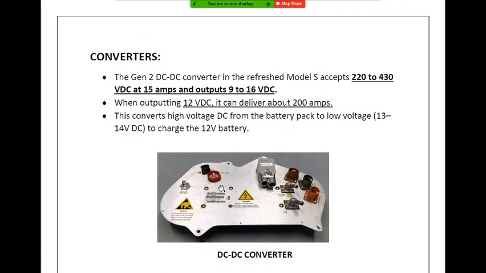So in normal IC engine vehicles, we could see alternators in place of converters. The main work of converters is to supply the voltage for auxiliary applications. If you think a little bit, normally in any vehicle, for example, take wipers or headlights.